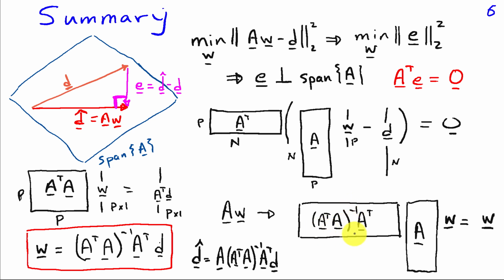So I'm going to group those two, A transpose A quantity inverse times A transpose, and I'm multiplying that matrix, which is a P by N matrix. Recall A transpose is P by N, and A transpose A inverse is P by P. You can see that when I multiply these things together, I have A transpose A quantity inverse times A transpose A, and that isolates W. And it's a direct consequence of the orthogonality condition.